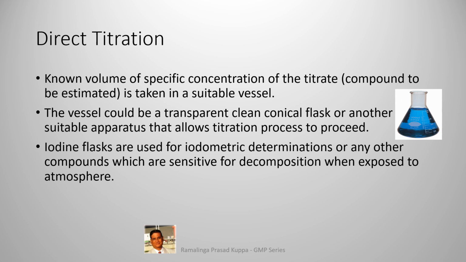This also protects against any possible vapors escaping from the open conical flask. Since the flasks are transparent silica glassware, color change of the indicator can be easily identified. The iodine flask typically looks like this.